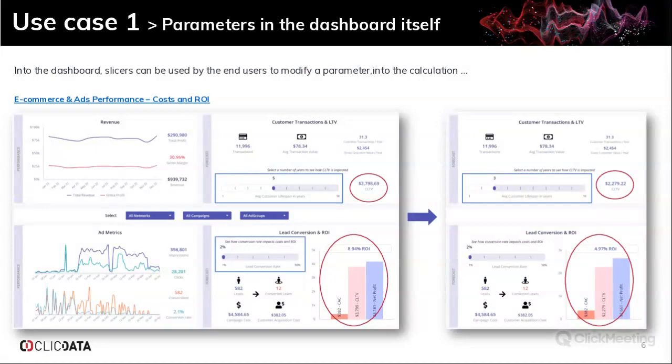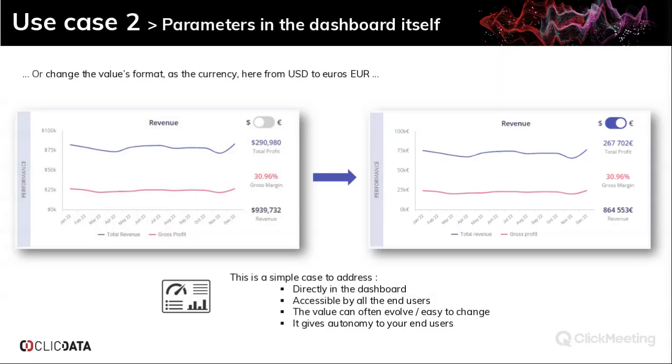Then a second use case that I wanted to show you. You can see that it's still on the same kind of dashboard. For this example, what I did is put this slicer with the different currencies, and it's also a parameter.